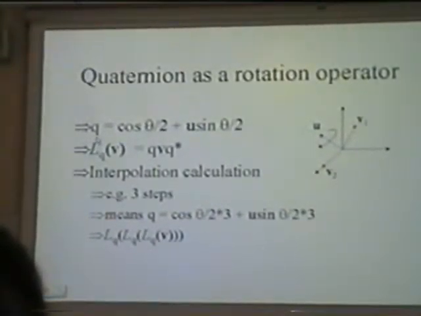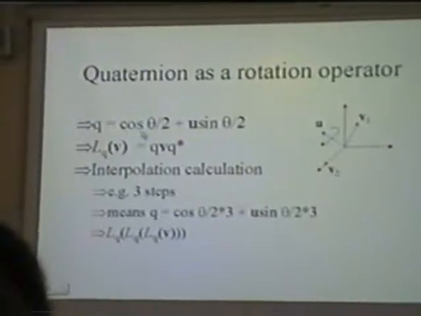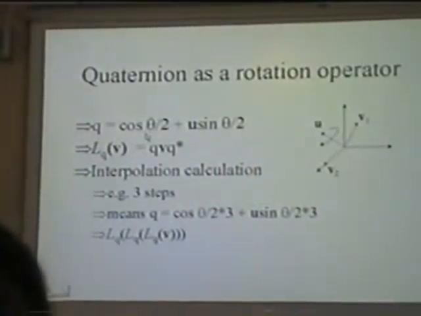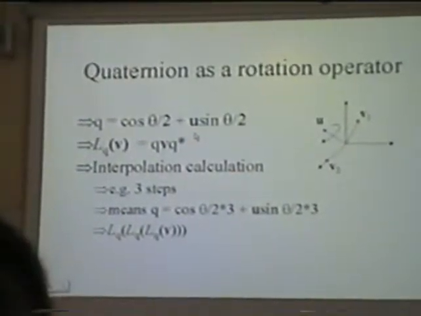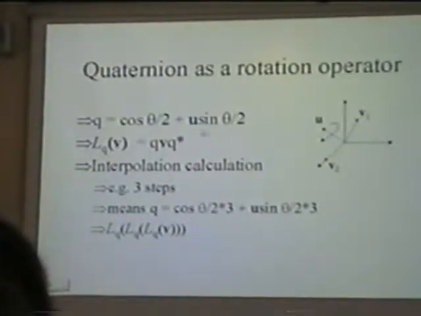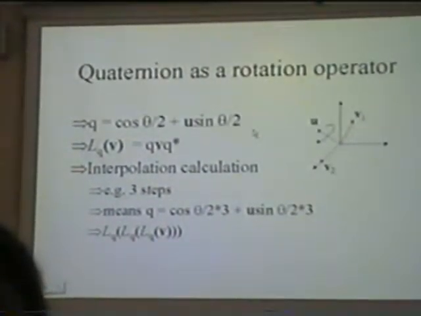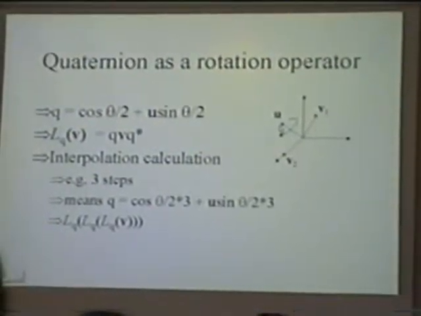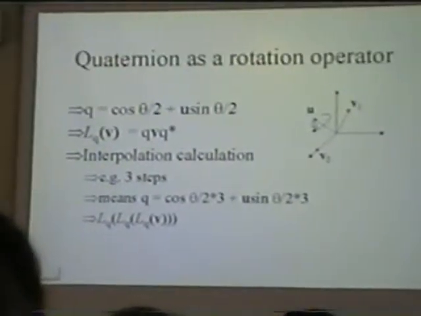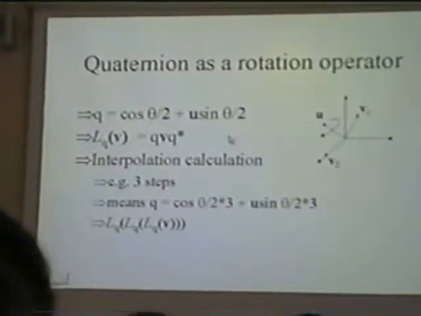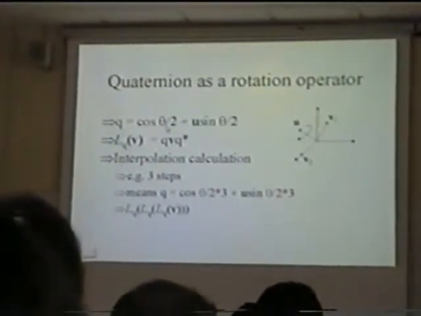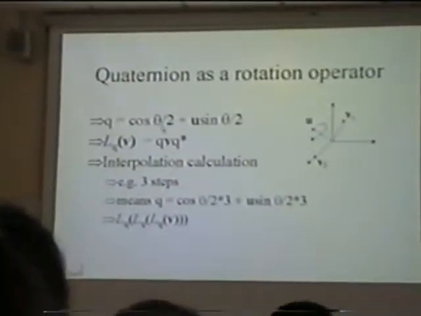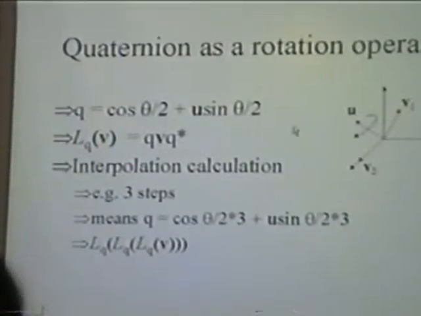So let's say we have some quaternion defined as Q, where its scalar part is cosine of theta over 2, and its vector part is some vector u times sine theta over 2. And it turns out that the vector u is the axis of rotation. So right there we have built in an arbitrary axis of rotation. We have theta, the angle we want to rotate about, built into the quaternion.